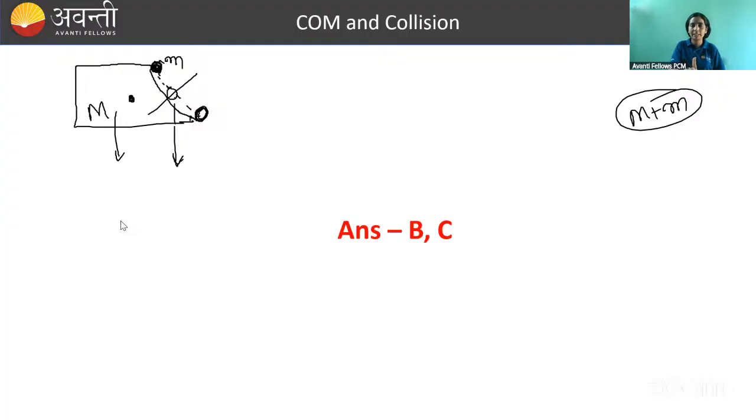So yes, definitely y component of center of mass is getting affected because of the gravitational force, but x component is not getting affected because in x direction there is no external force acting. ठीक है? It means x cm will remain.